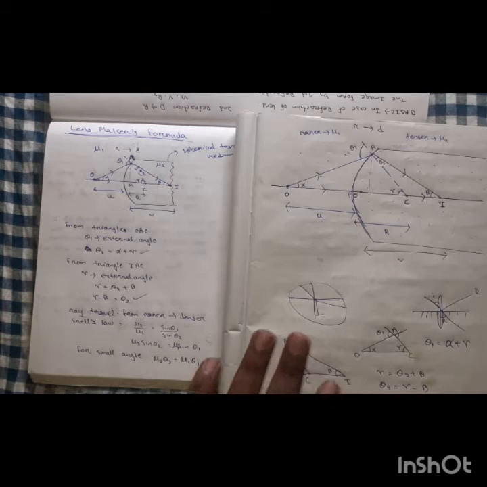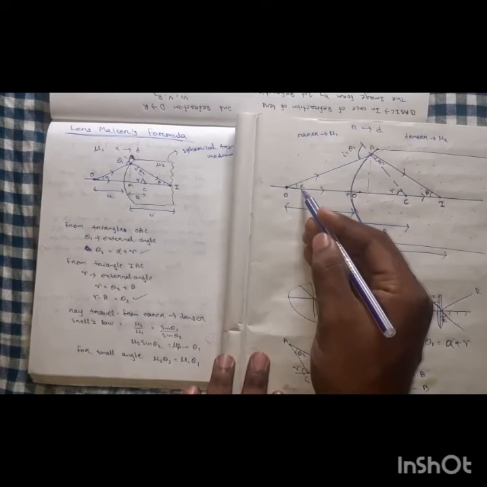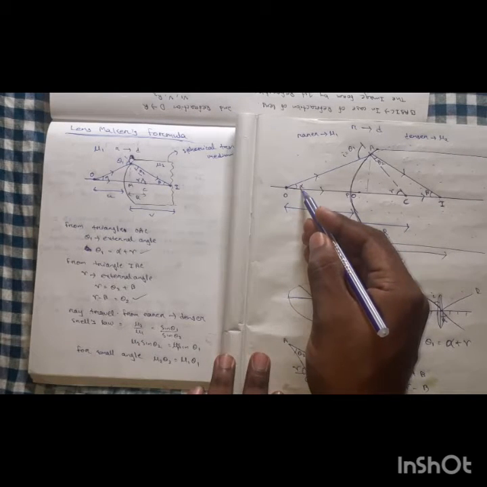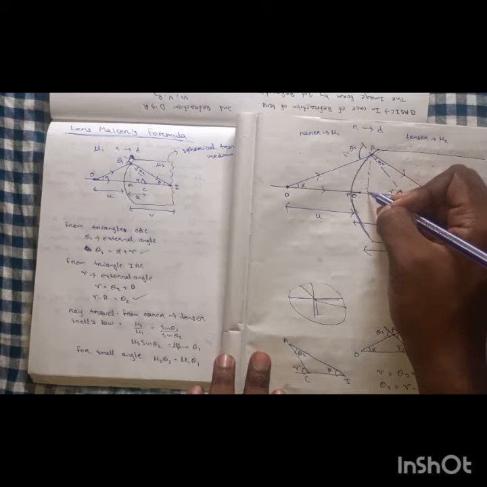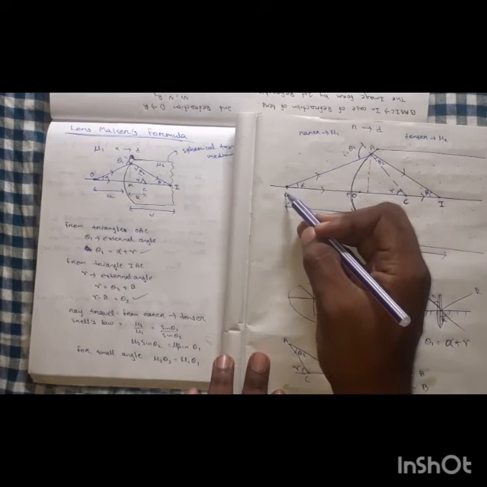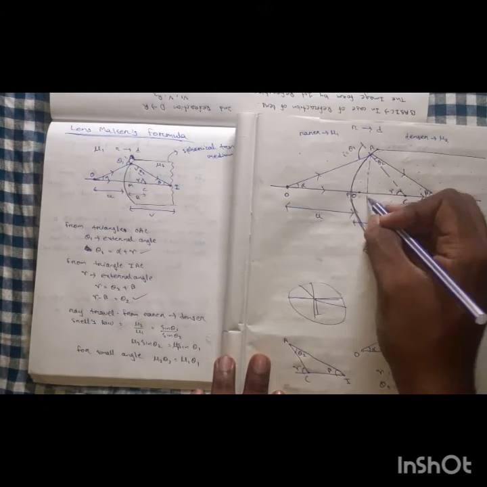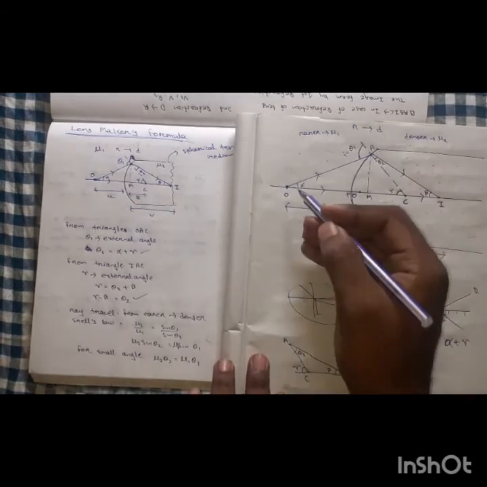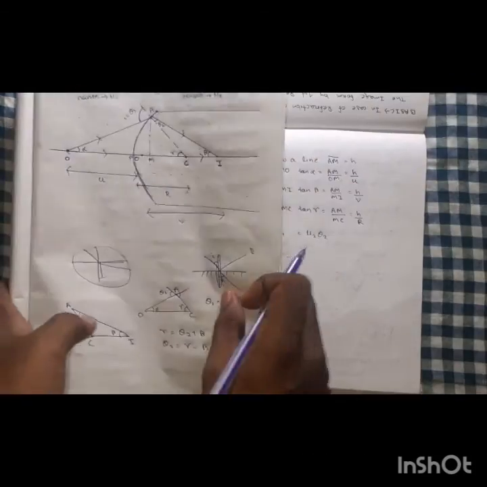Understand? Okay, fine. Then we know alpha, and it is a right angle triangle. What is the right angle triangle? Let this point be M, OAM.